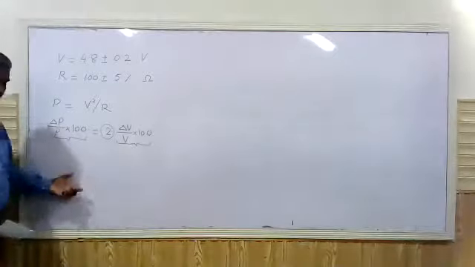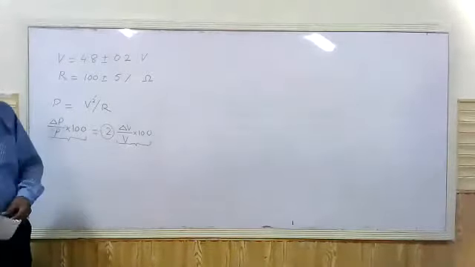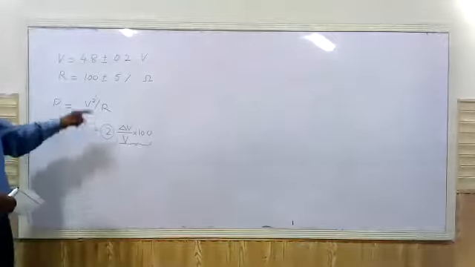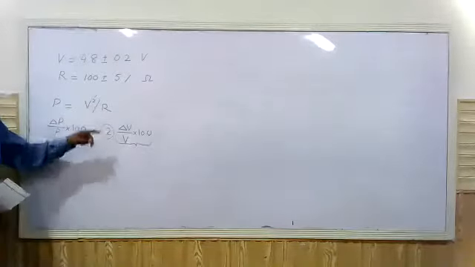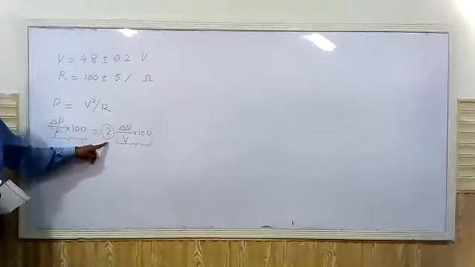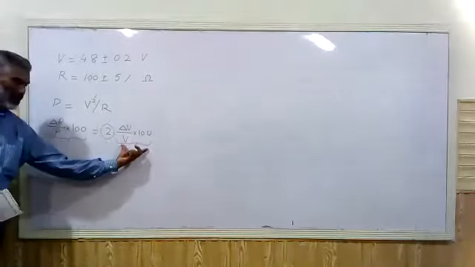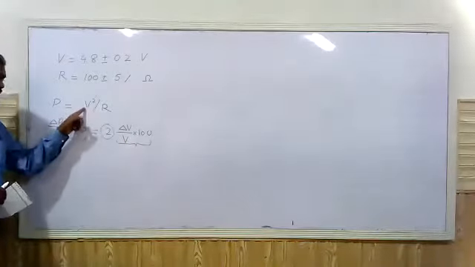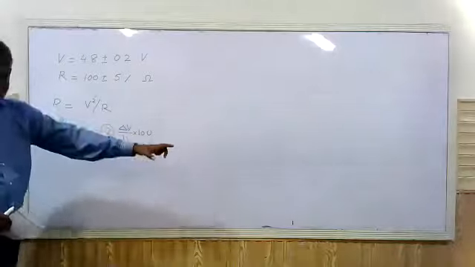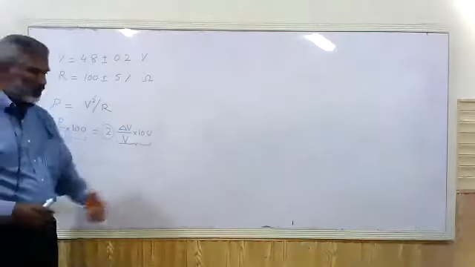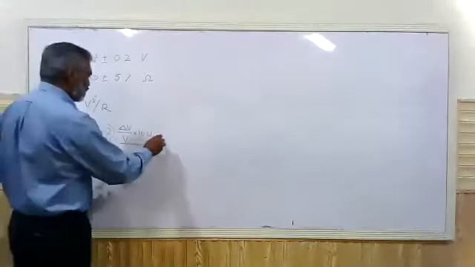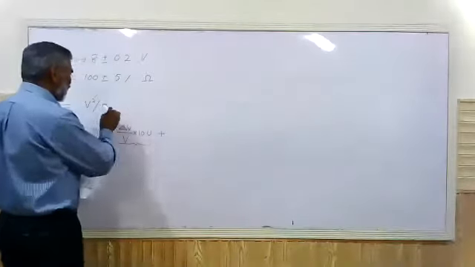This is the last rule we discussed yesterday, that whenever there is a power appearing in a formula, we use that power as a product of the percentage uncertainty in that quantity before it is added to the percentage uncertainties of the other quantities. Like I'm adding it to the percentage uncertainty of R now.